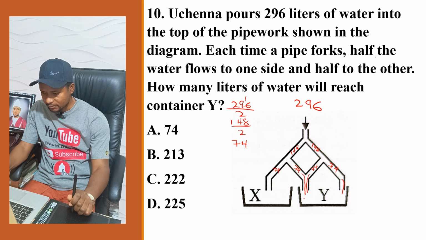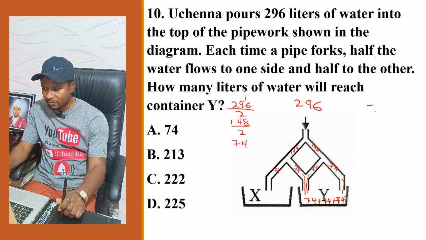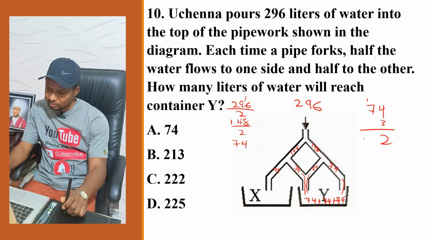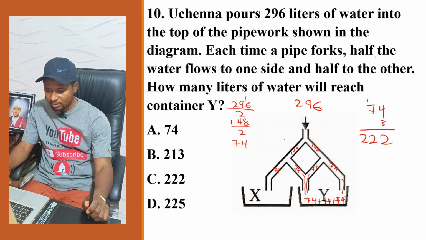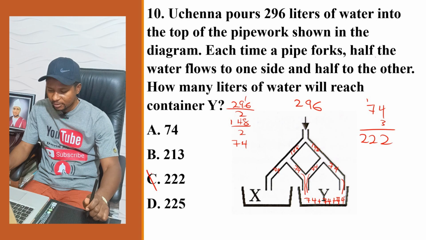So you have how many 74? 3 of the 74 will get to Y. So we're just doing 74 times 3, and that's 222. So your answer is C. That's all on the medium stage.